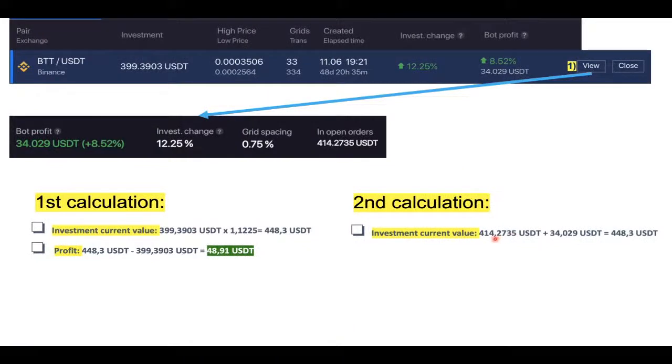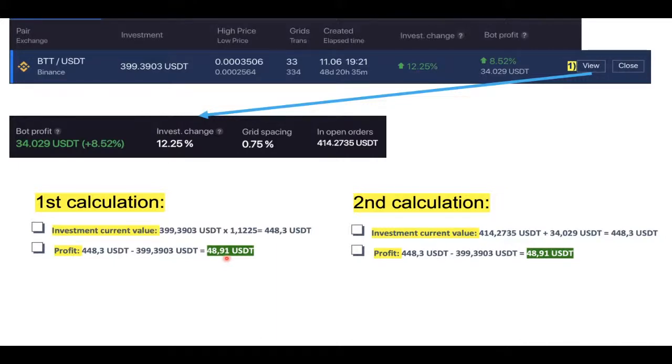Same as what I'm doing here. I take what is in my open orders plus bot profit, so that's exactly the same current investment value. And the profit is again the difference between the current investment value and the initial investment value, so that's almost 49 USDT. Same number.